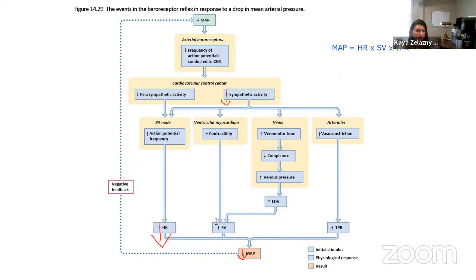We're also affecting stroke volume by affecting contractility of the ventricles, and a little bit by affecting the venomotor tone. Our heart isn't going to contract as hard when we're not in these situations of high stress with high sympathetic activity. We still need blood to flow around, but not quite as urgently, not quite as fast. So that's bringing stroke volume down. And because of some effects on the veins, we're letting veins go back to their normal high compliance state.